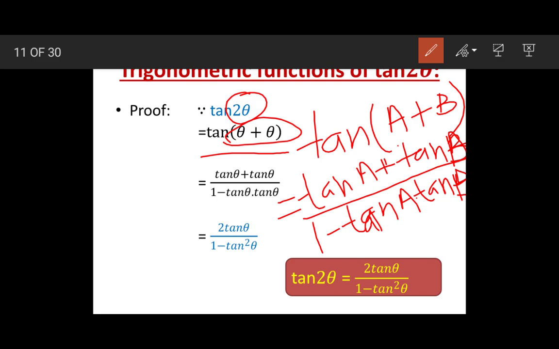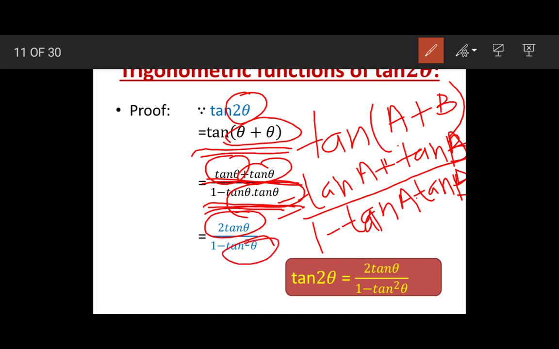After using this formula in tan theta plus theta, we will get tan theta plus tan theta upon 1 minus tan theta into tan theta. Now the numerator is tan theta plus tan theta, so it will be 2 tan theta. The denominator will be 1 minus tan theta into tan theta, so that will be tan square theta.